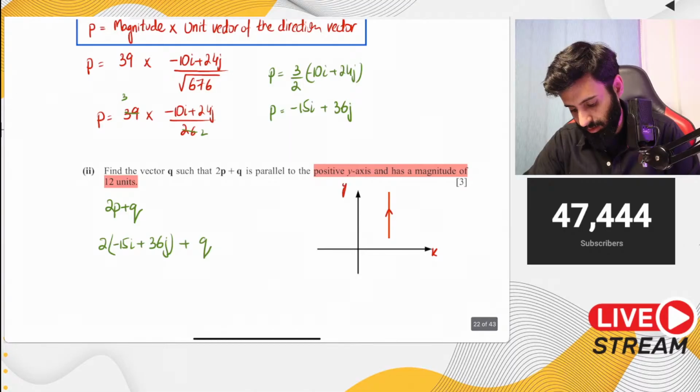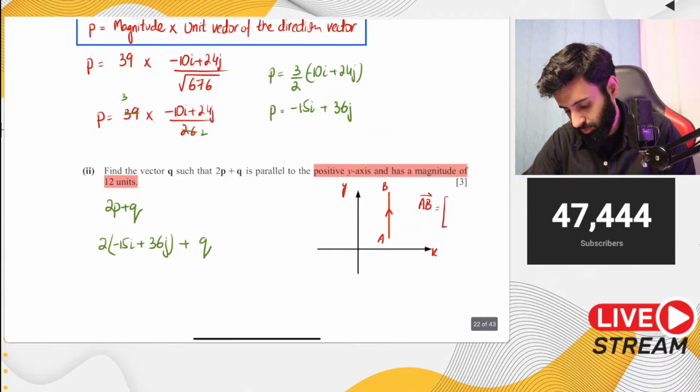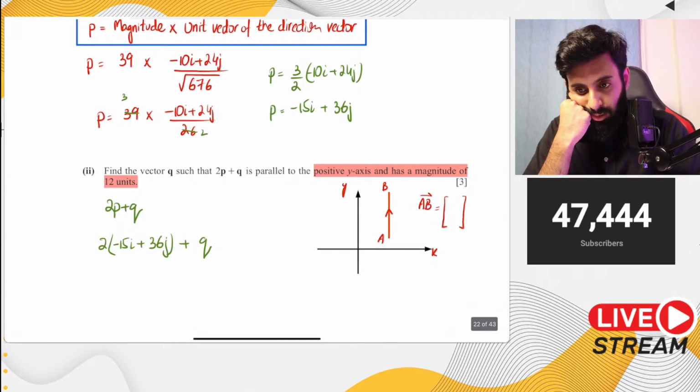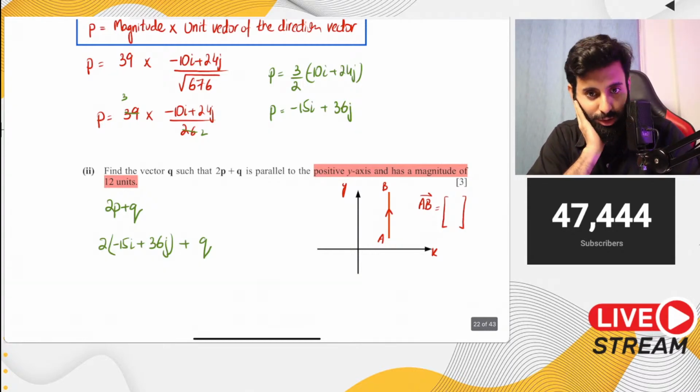Okay, let's say ये AB है. So what's the one thing you can say for sure about AB? What is the one thing that you can say for sure about vector AB if you know for sure it's parallel to the y-axis?